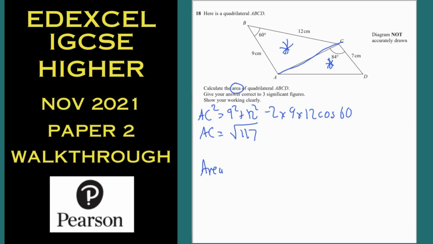So area is a half times A times B sine 60. Now that'll be a root 3 over 2, so that's just going to be a third.